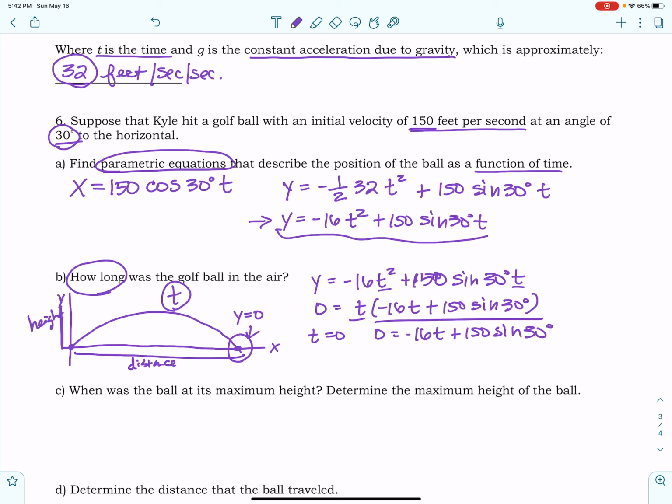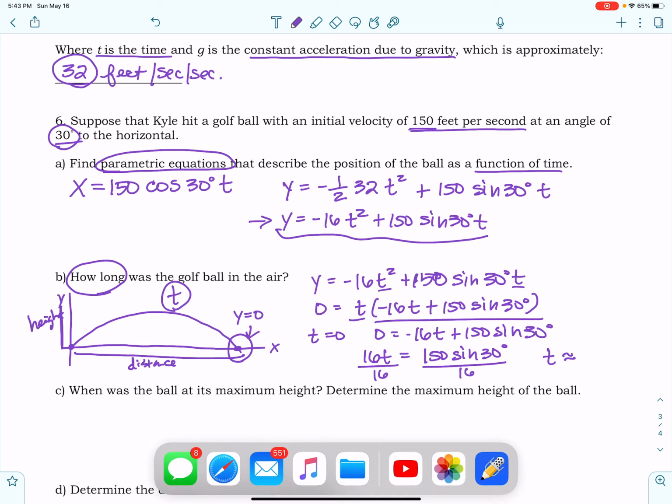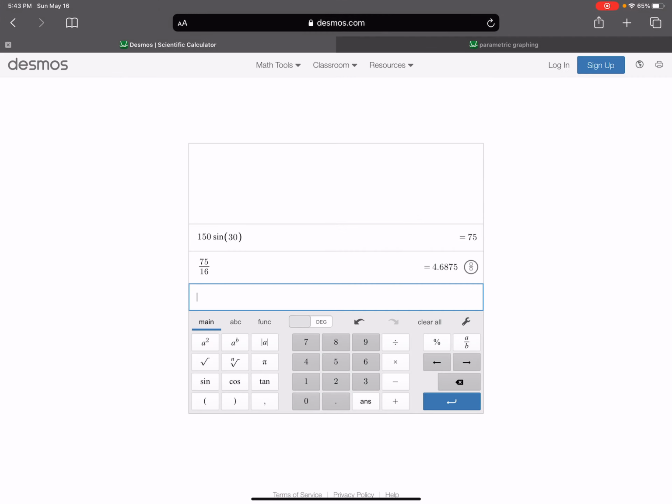So I'm going to add 16t to both sides, and then I am going to divide by 16. We're going to need our calculator for this, so I'm going to go to Desmos. I already did it because I was making sure it was working.